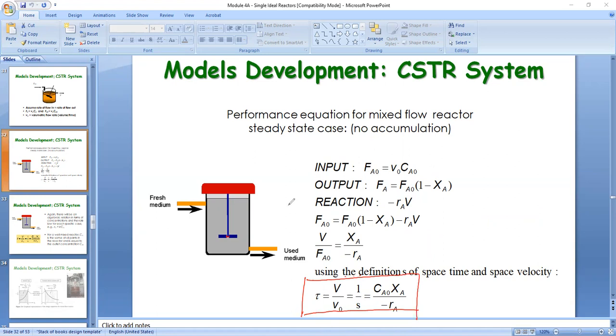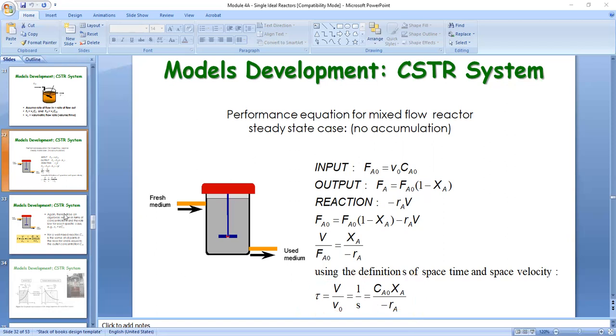Later on, you will see that there will be a condition wherein your T, the residence time in the batch reactor, can also be represented as the space-time, the tau. As to what that condition may be, that will be discussed in the succeeding slide. So this is your second performance equation, your performance equation for a CSTR.